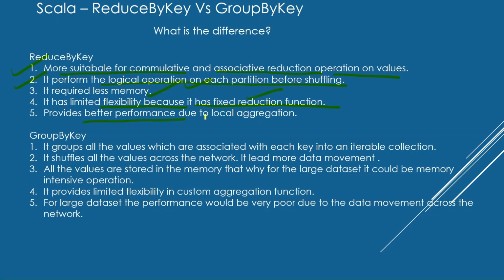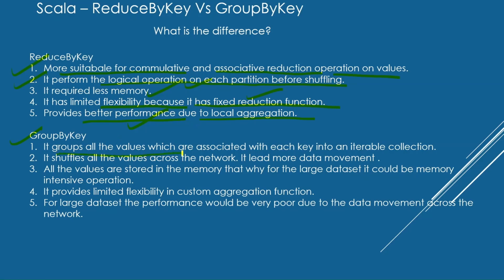It provides better performance due to the local aggregation, which I have just mentioned: it aggregates at each partition level and then shuffles the data, which makes reduceByKey a performance optimized aggregation function.